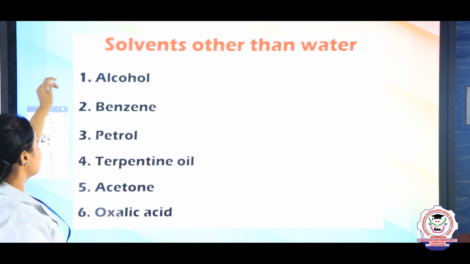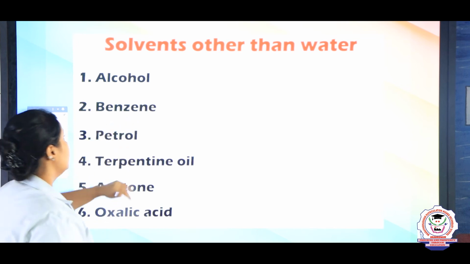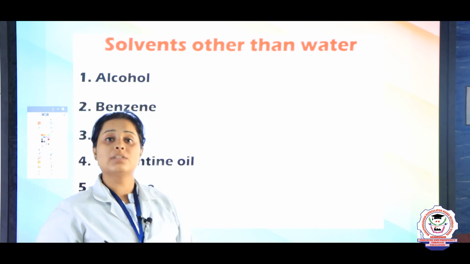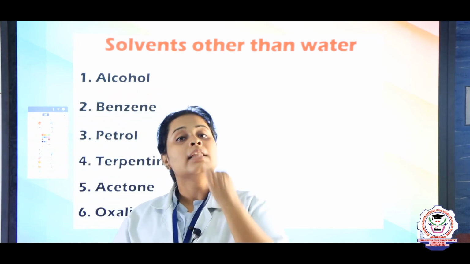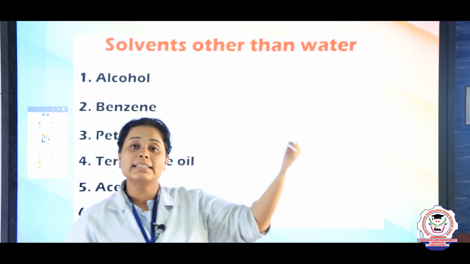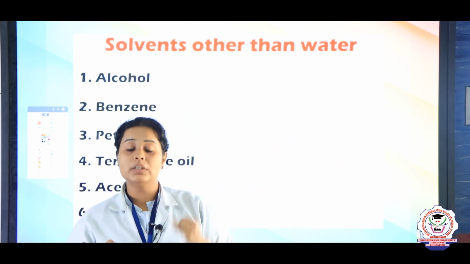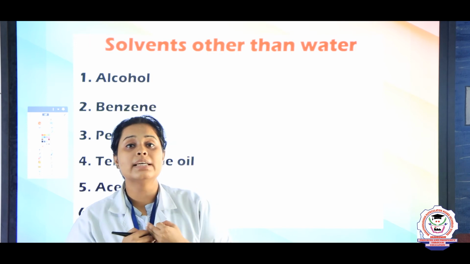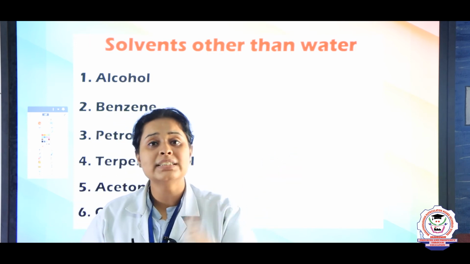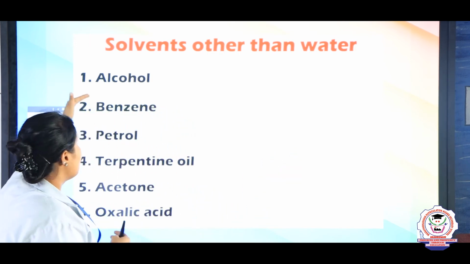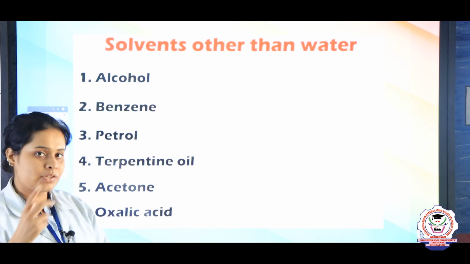So, first solvent which we can use is alcohol. Children, alcohol can dissolve iodine, then chlorophyll, which we can get extracted from the leaves. So, these things we can just mix with alcohol and it can be extracted.